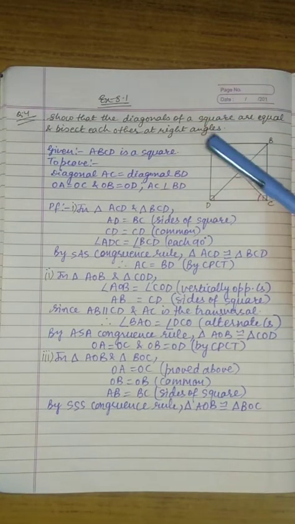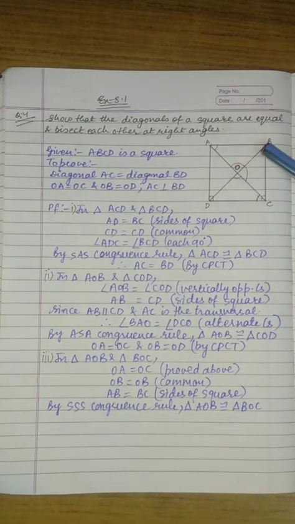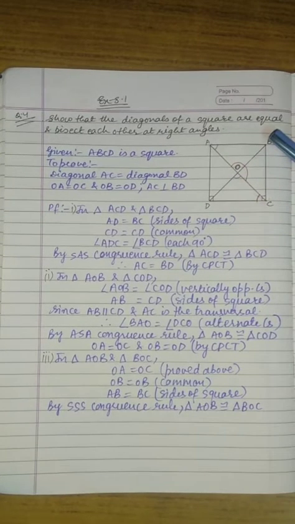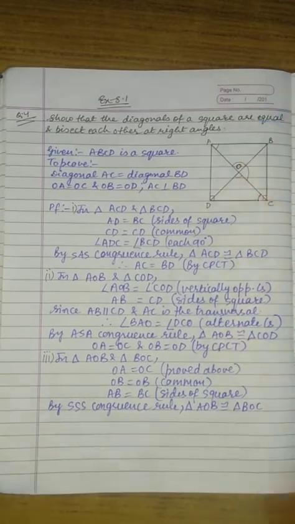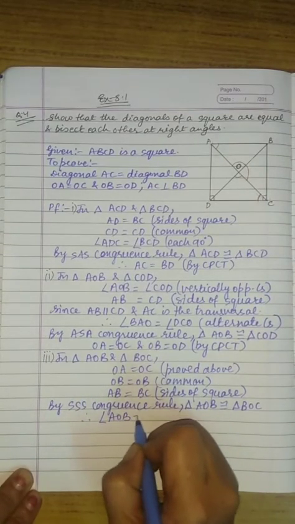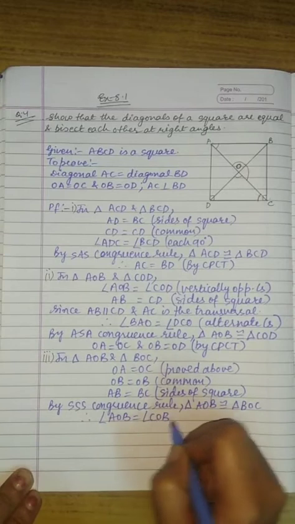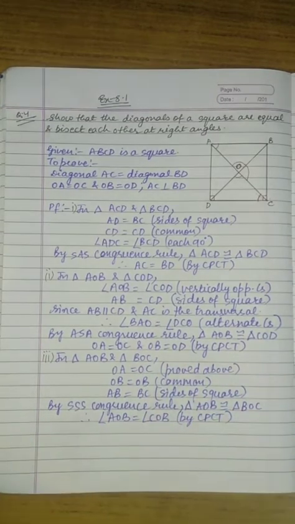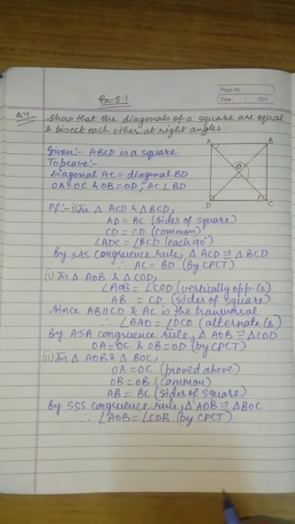Then angle AOB and angle COB, both are equal. Therefore angle AOB is equal to angle COB by CPCT. But the sum of these two angles is equal to 180 degree because they are forming linear pair.